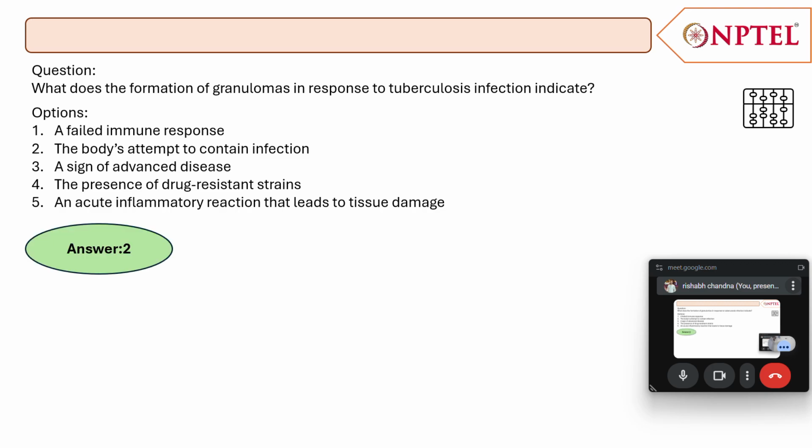So they indicate the body's attempt to contain the infection and maintain it in a latent stage.